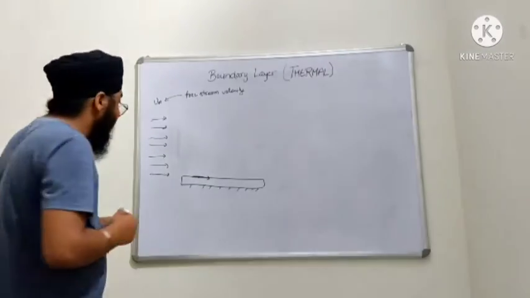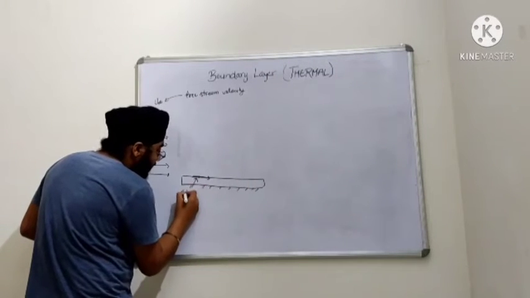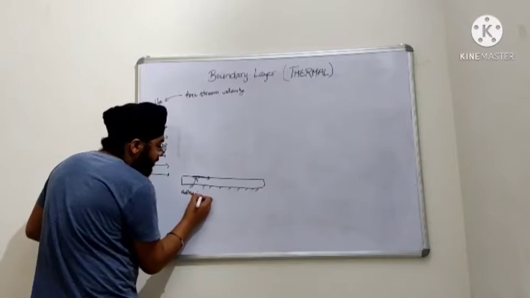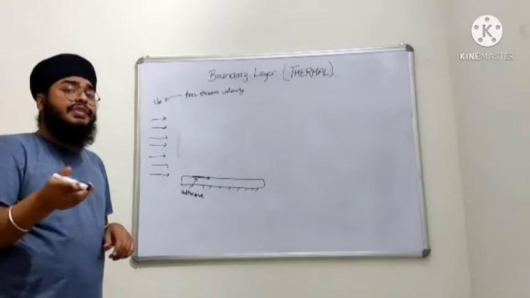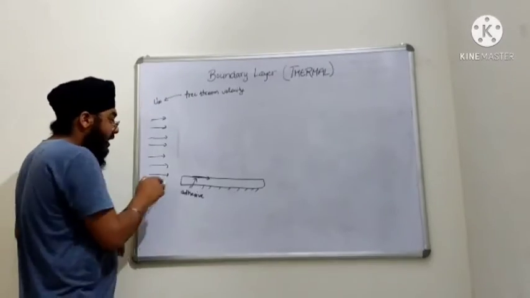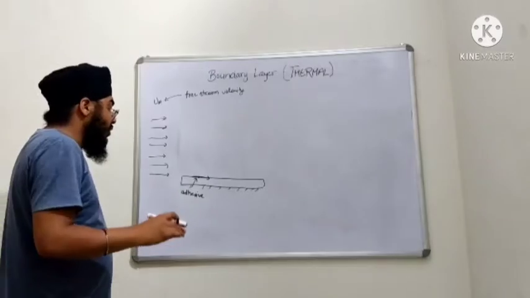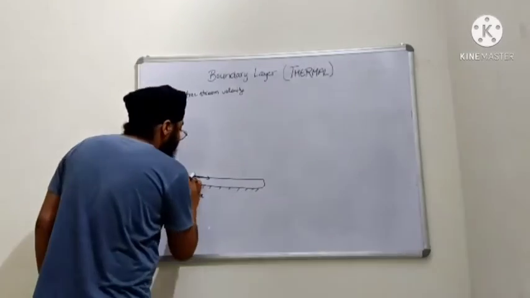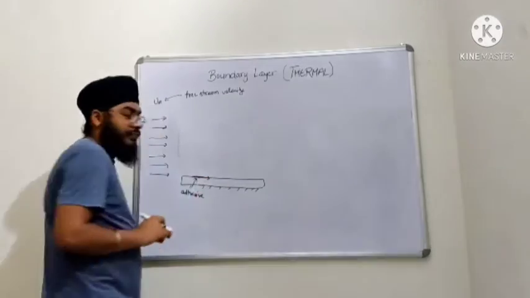What is the reason behind that? There is an adhesive force working between this solid plate and this first layer. Because of this adhesive force, the velocity of this layer has decreased to 0, so this is now a stationary layer.